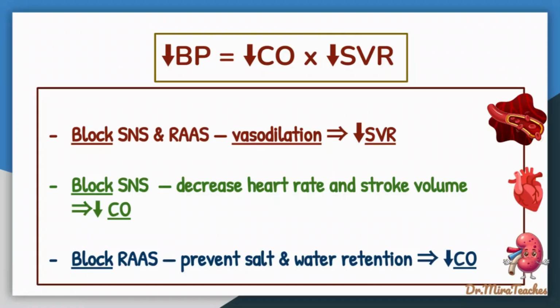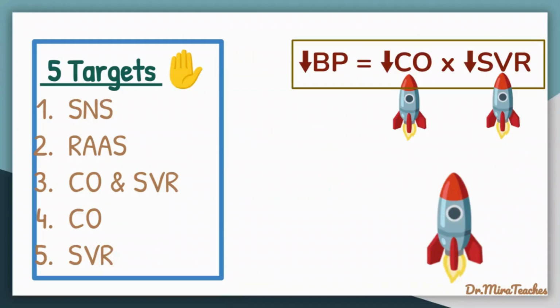So if you want to decrease BP, either you decrease the individual components of the BP equation, which is cardiac output and systemic vascular resistance, or target these two systems, the sympathetic nervous system and the renin-angiotensin aldosterone system. So we have five targets to help us bring down the blood pressure, and these five targets are based on the BP equation.